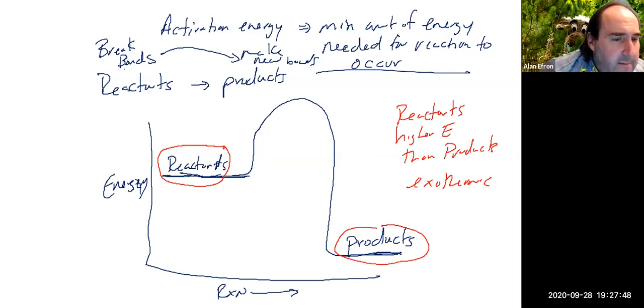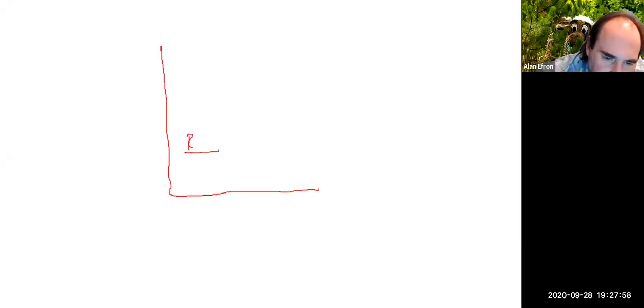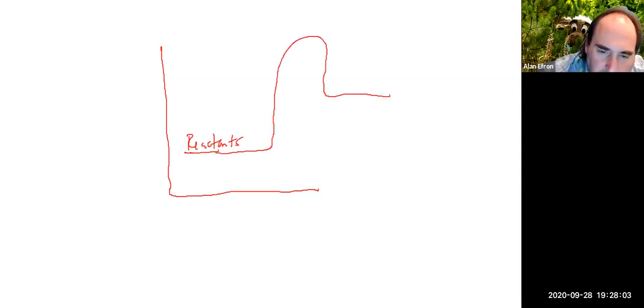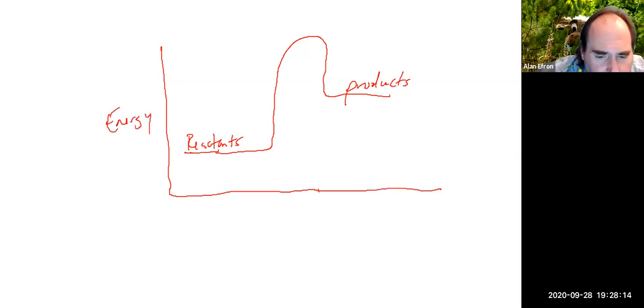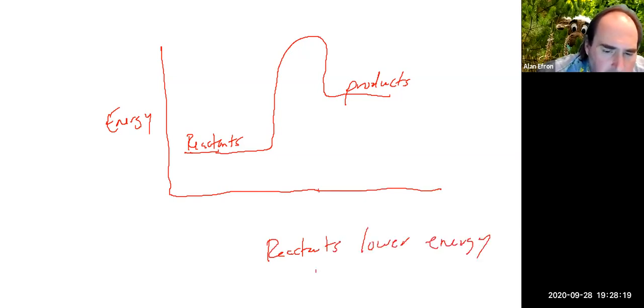But no matter whether it's an exothermic reaction like this one or an endothermic diagram, which looks something like this, and again, this would be endothermic because reactants are lower in energy than products, which would be endothermic.